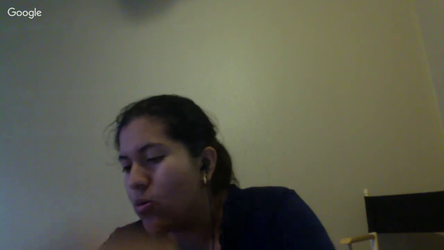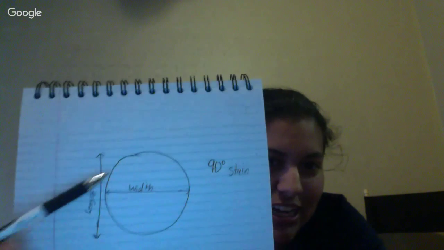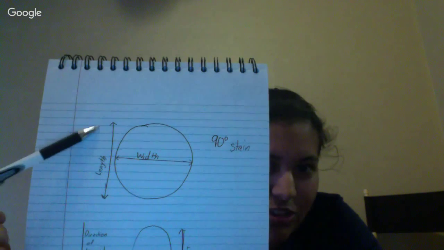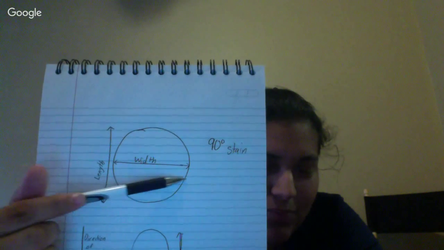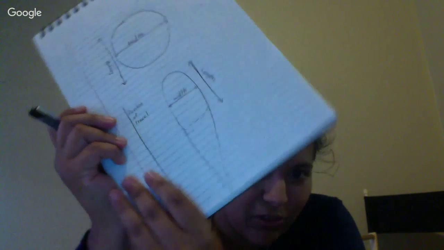So this is a 90-degree angle stain, which is a circle. You take the length times the width, which are always nice and easy to figure out, because it means that the person was standing right there. But usually you get these lovely elliptical ones.